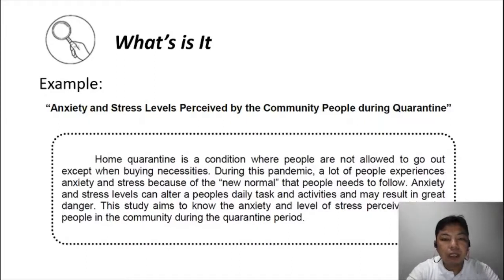So, home quarantine is a condition where people are not allowed to go out except when buying necessities. During this pandemic, a lot of people experiences anxiety and stress because of the new normal. The people needs to follow. Anxiety and stress levels can alter a people's daily tasks and activities and may result in great danger. The study aims to know the anxiety and level of stress perceived by the people in the community during the quarantine period.